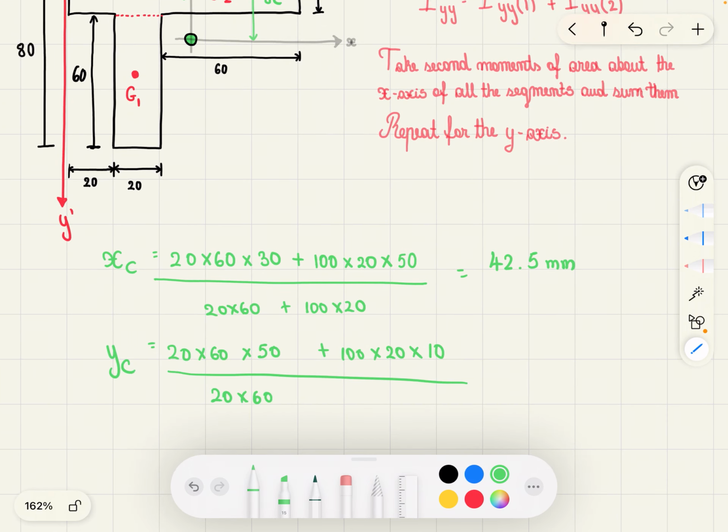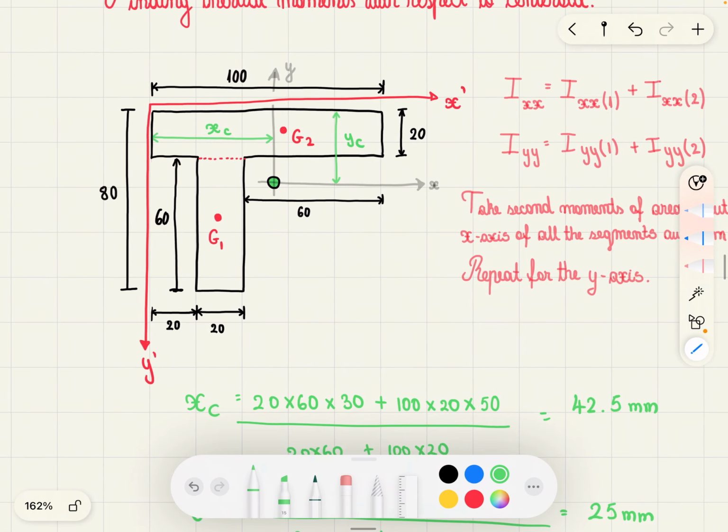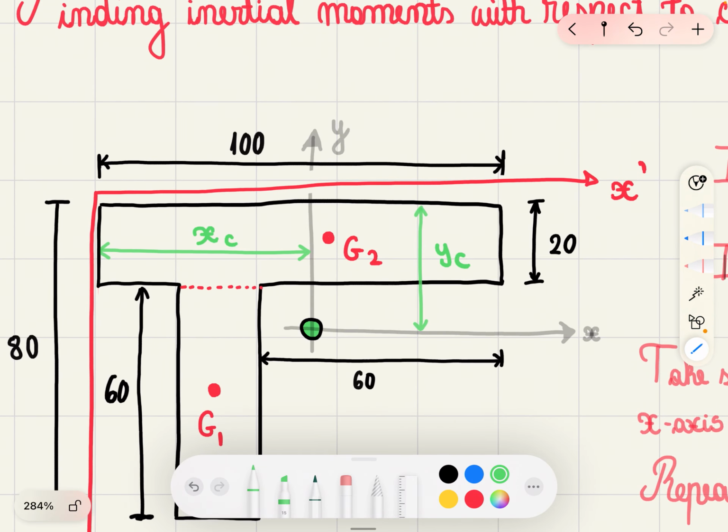And then divide by the total area, which is the same as above. And this is going to give us 25 millimeters. Now we can replace them in here, the values we have.